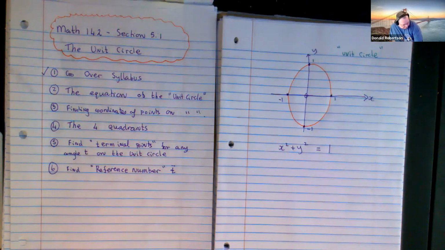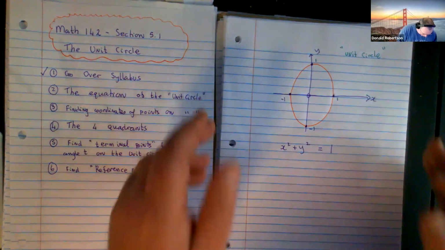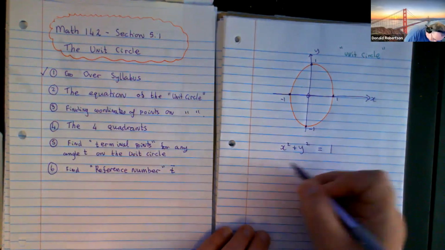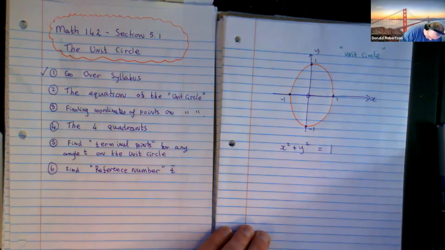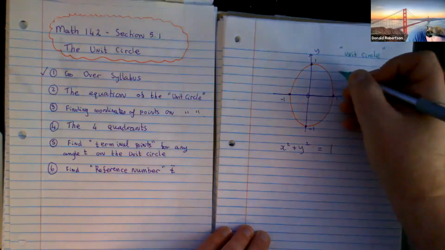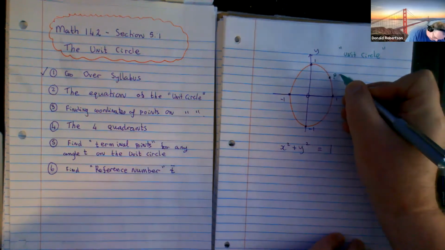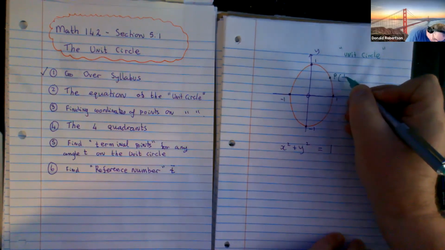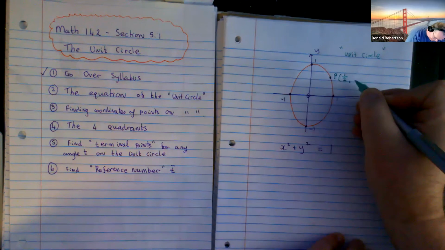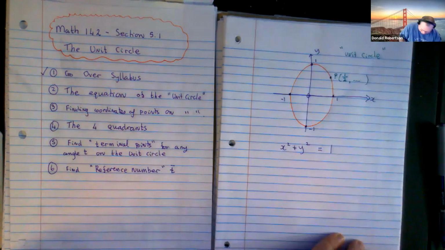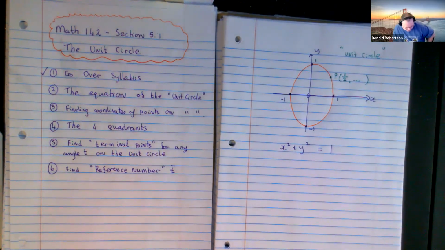So far, so good. So how would we be able to solve questions like this? Suppose I had a point here. I'm going to call it P. And its x coordinate was a half. One of the questions that you're asked in your homework then is to find the missing y coordinate.